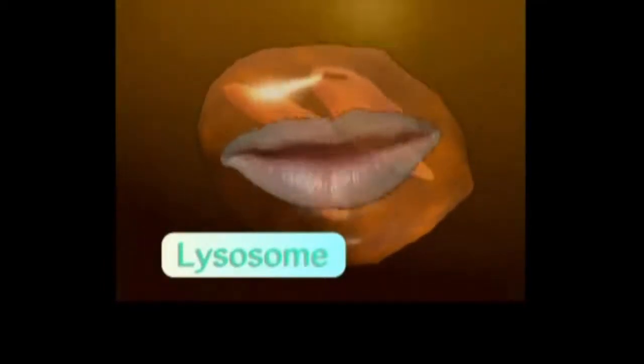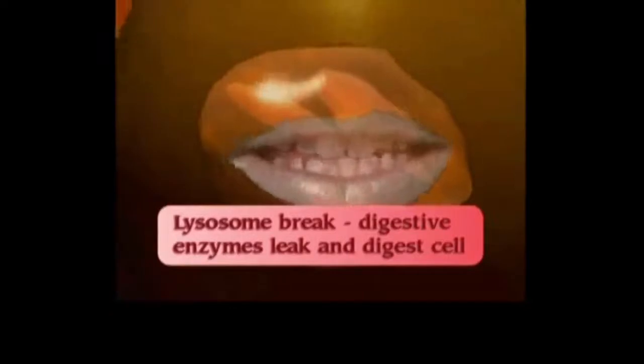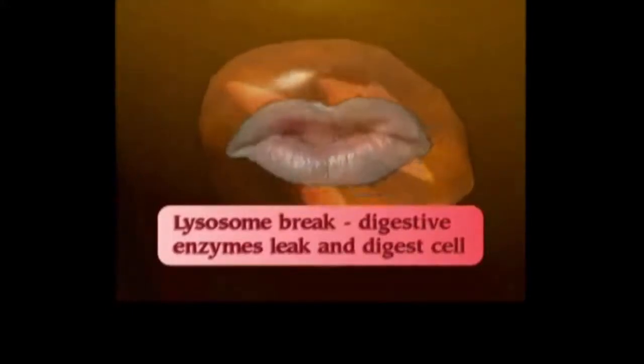Why? Do you remember when I said I have digestive enzymes in my membrane? Yeah, but what does that have to do with anything? It has everything to do with it. You see, if my membrane were to break, all of the digestive enzymes would leak out into the cell. Huh, and that would be pretty bad, huh? Yeah, really bad. The digestive enzymes could destroy the whole cell. Destroy the whole cell? Whoa! Yep, that's right.